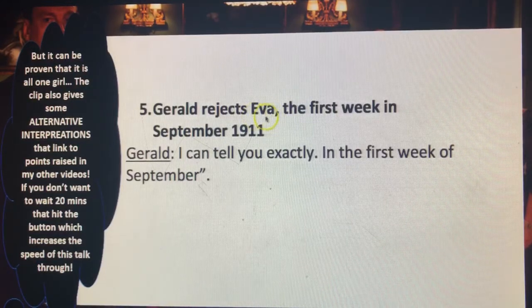He completely exploits her, but he pretends he does it out of a desire to help and out of affection. And then when we look at Gerald's words here, I can tell you exactly, in the first week of September, you can see why he's got rid of her. It coincides exactly with his friend coming back. He's utterly, utterly callous, and Priestley does this to symbolise how rich men treat women.